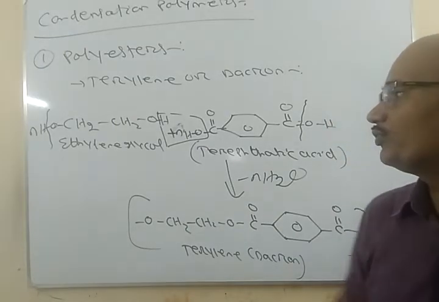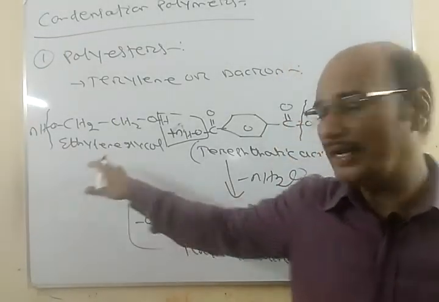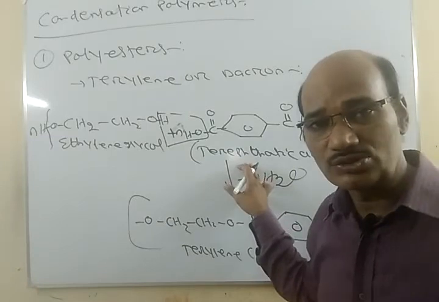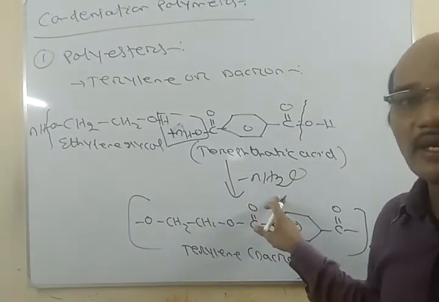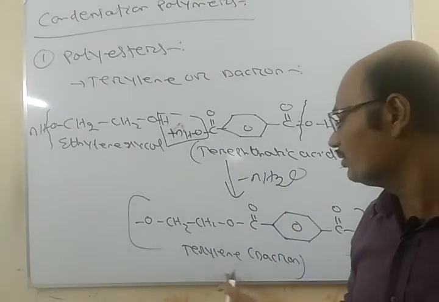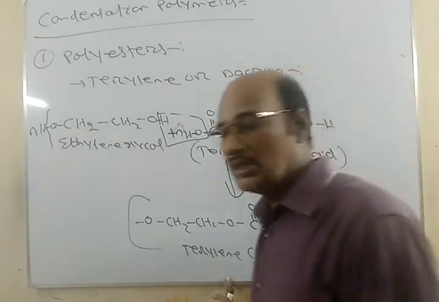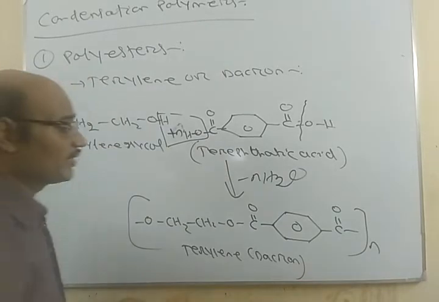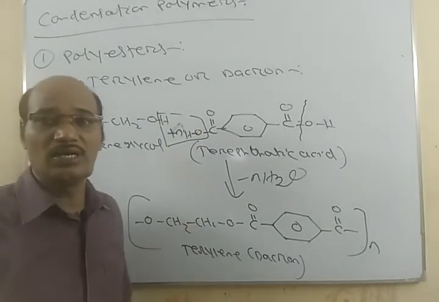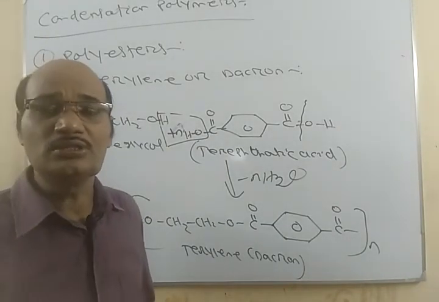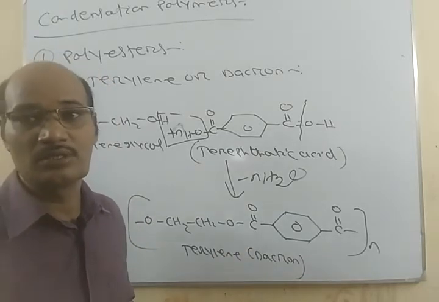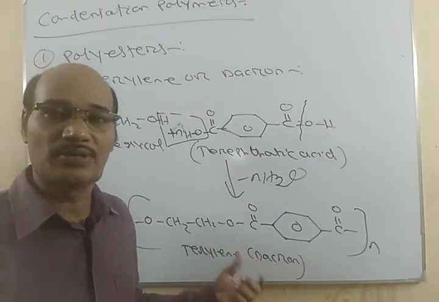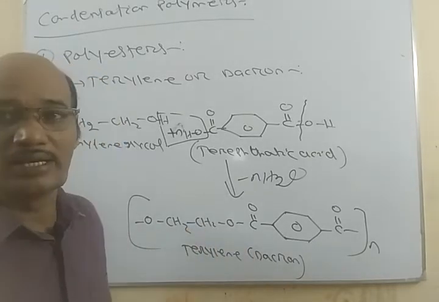So n molecules of ethylene glycol and n molecules of terephthalic acid are condensed together with elimination of n molecules of water to give terylene or Dacron. And this terylene or Dacron is one of the most important polymers which we use in fabrics like terry cloth, terry silk. They are obtained with the help of terylene. Okay.